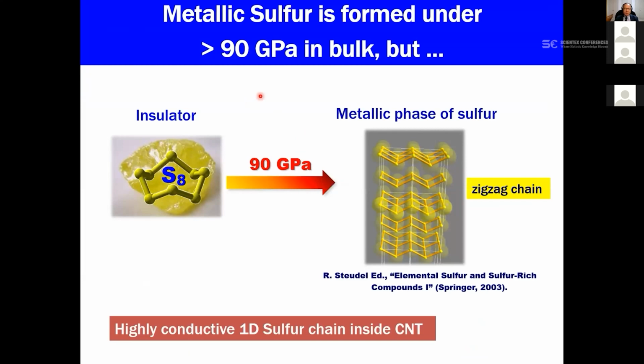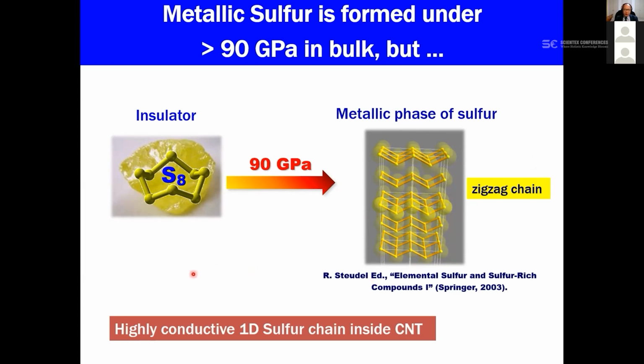Another next one is sulfur. Bulk sulfur is a representative insulator because the unit structure of sulfur is an 8-member ring of sulfur. But if we compress by 90 gigapascal, this 8-member ring sulfur dissociates to form this kind of two-dimensional structure, then giving metallic properties.